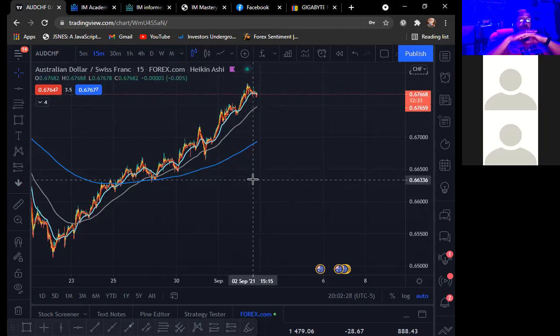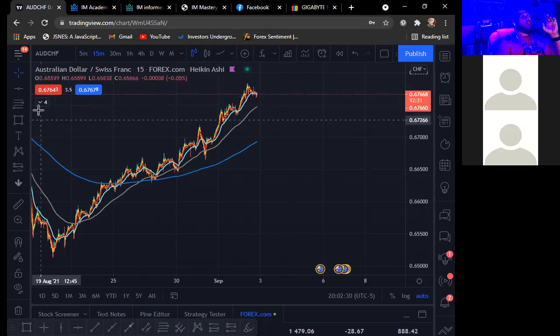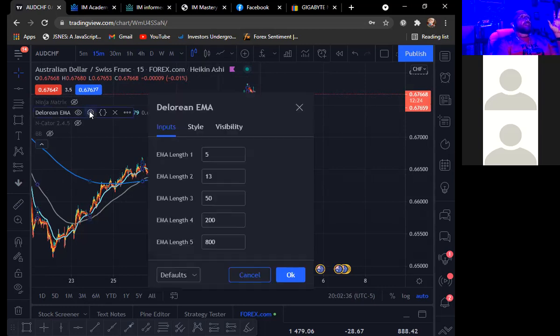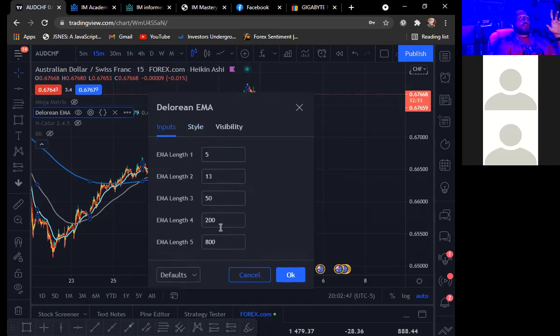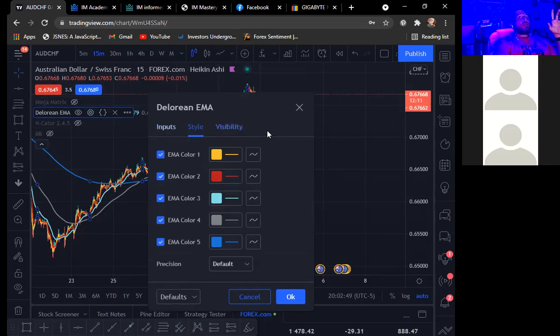So it's got to go from biggest to smallest. If you ever forget the order, go to DeLorean EMA, click on settings, and it will tell you 800, 200, 50, 13, and 5. And these are the colors: blue, gray, aqua, red, and yellow. So it's all right here.